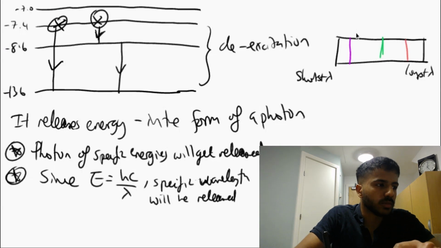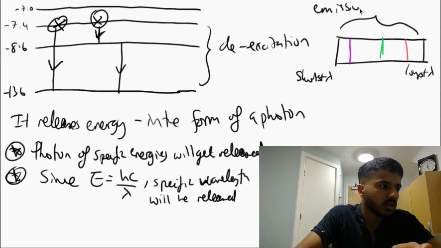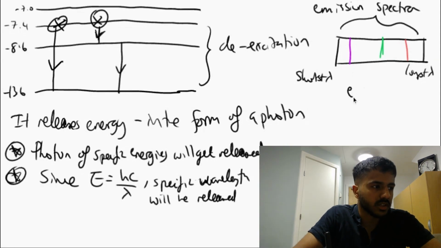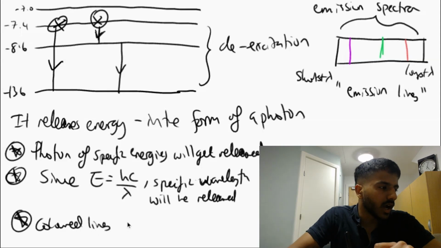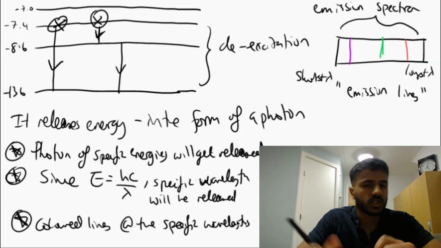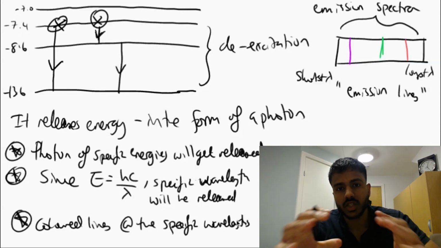And what this represents is an emission spectrum. These are emission lines. So what you will see are colored lines at the specific wavelengths of the photons that have been released due to the de-excitation.